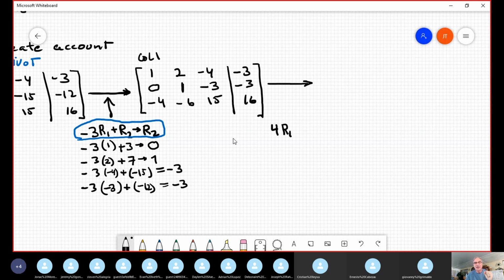The pivot is the one that has control of this column. You multiply the row in which we have a pivot 1, plus row 3, in which I want to eliminate this. After this transformation, we expect to get 0 here, below the pivot.